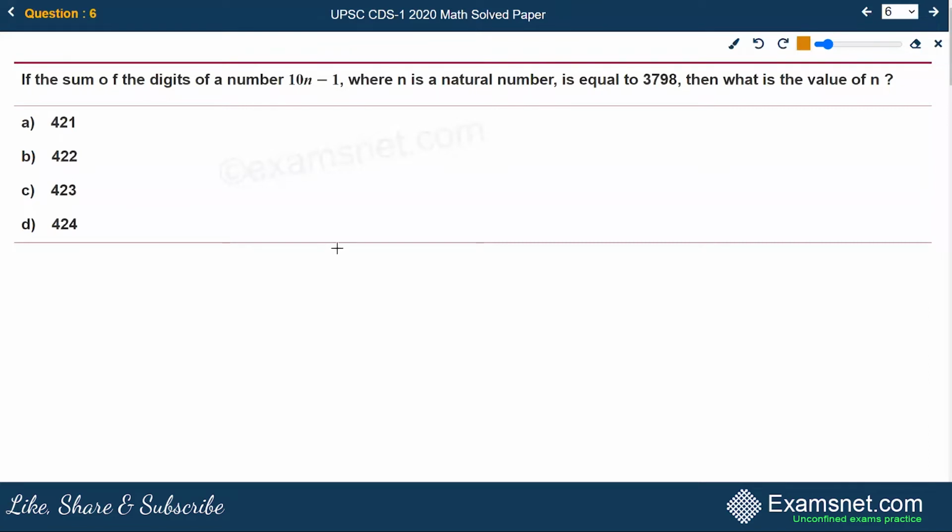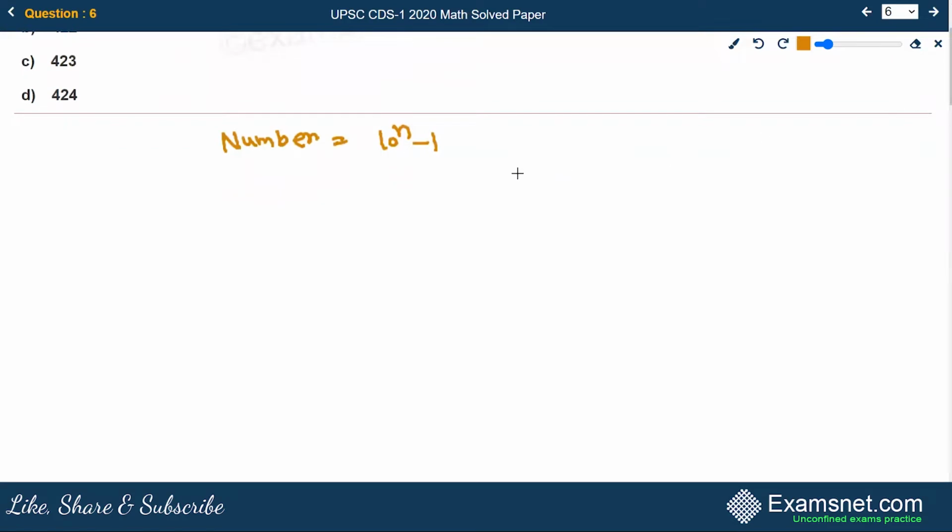In question number 6, we are given that the sum of the digits of the number 10 to the power n minus 1, where n is a natural number, is equal to 3798. Then what is the value of n? So the number given here is 10 to the power n minus 1. Now let's see the pattern.